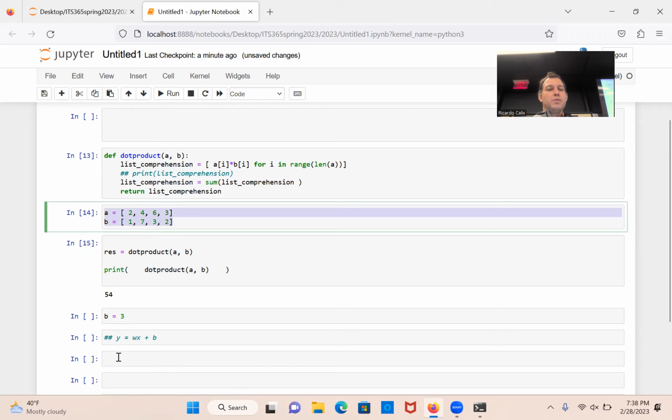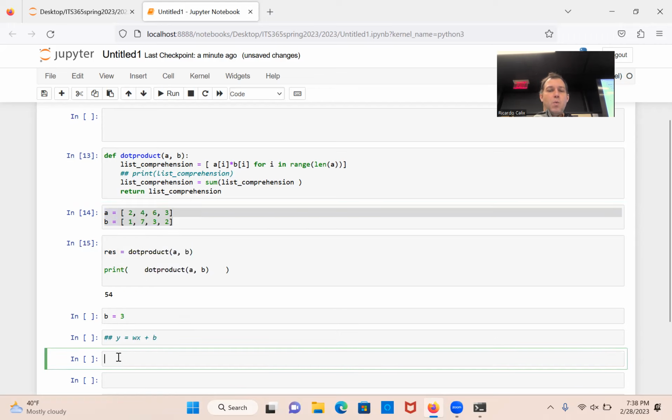So then all we have to do is y equals res plus b. Do you see how that works, guys? It's important for you to understand that the bias is always, when you have that multiplication, that dot product gives you a value, and then you add the bias to it. It's not for every input neuron, it's for every output neuron.